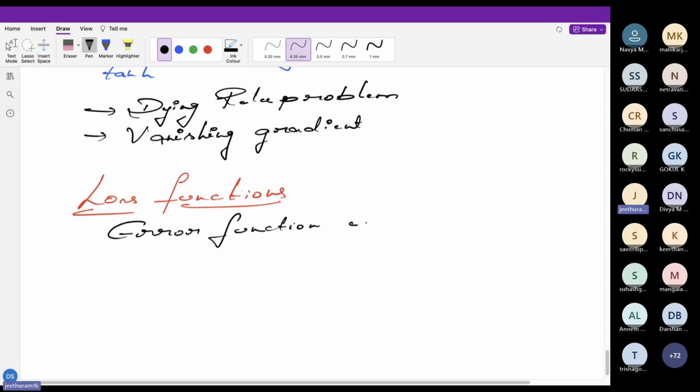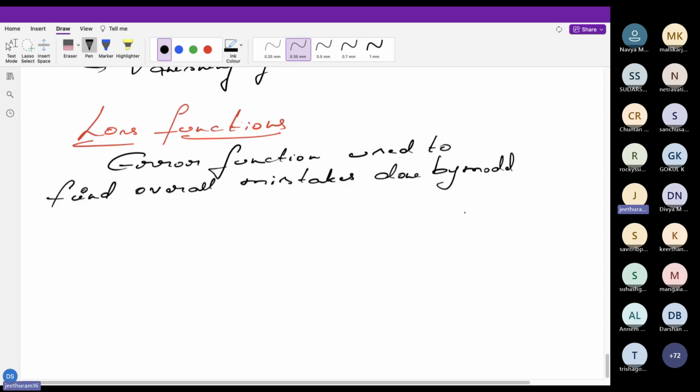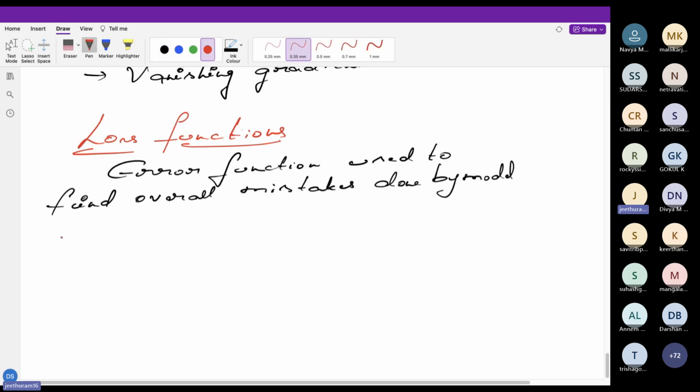used to find the overall mistakes done by the model. So when I say loss function, again you have two different things. One is regression, and the other is classification.